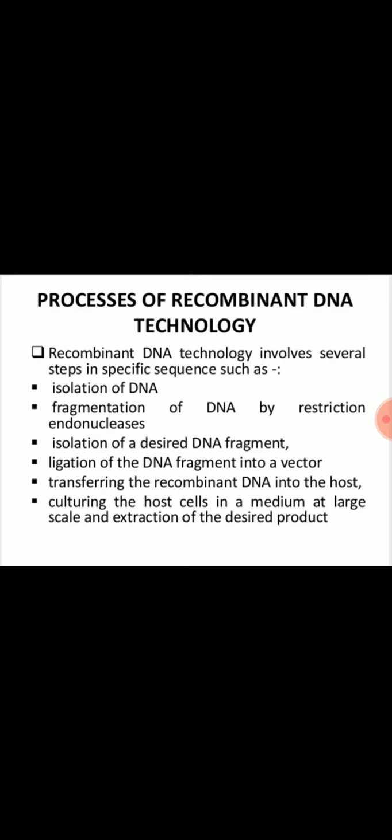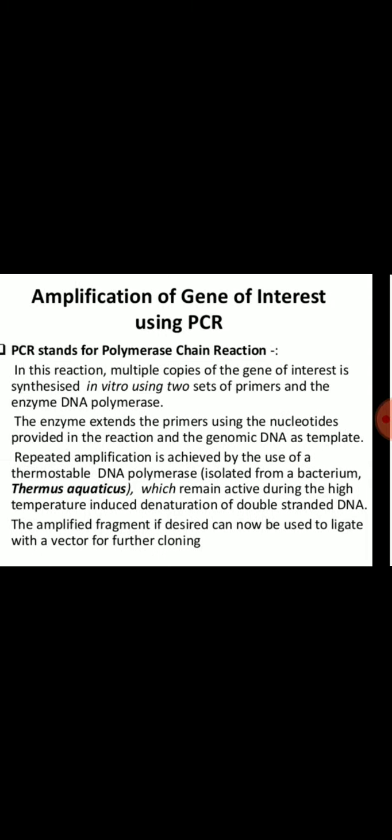Then select our desired DNA fragment, ligate the fragment into the vector, and transfer this recombinant vector into the host cell. Then culture the host cells in medium on a large scale for extraction of our desired product. These are the basic steps of recombinant DNA technology.